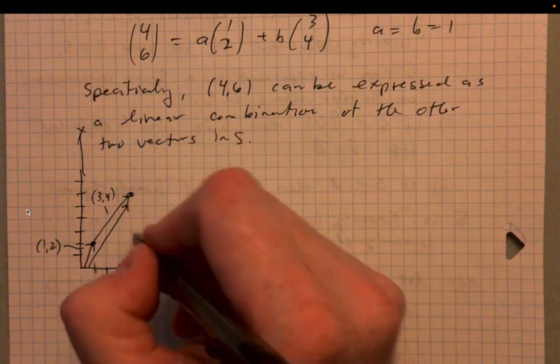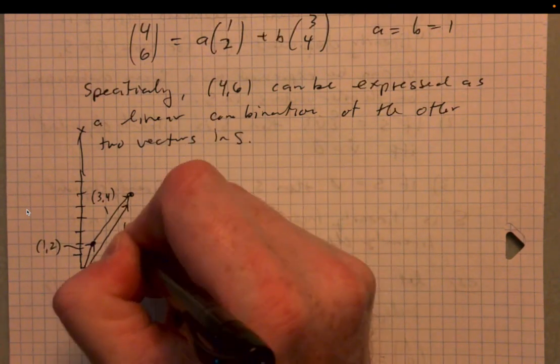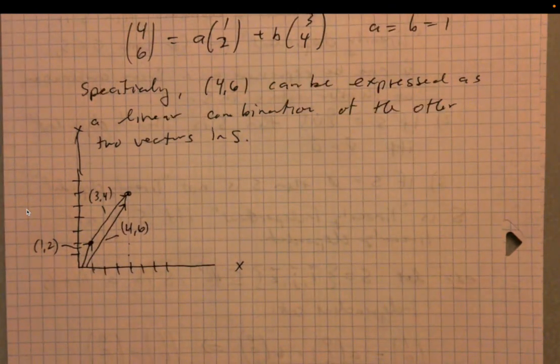And so you could express that same vector geometrically as the sum of the other two in S. So geometrically, we can arrive at (4, 6) using a linear combination of (1, 2) and (3, 4).